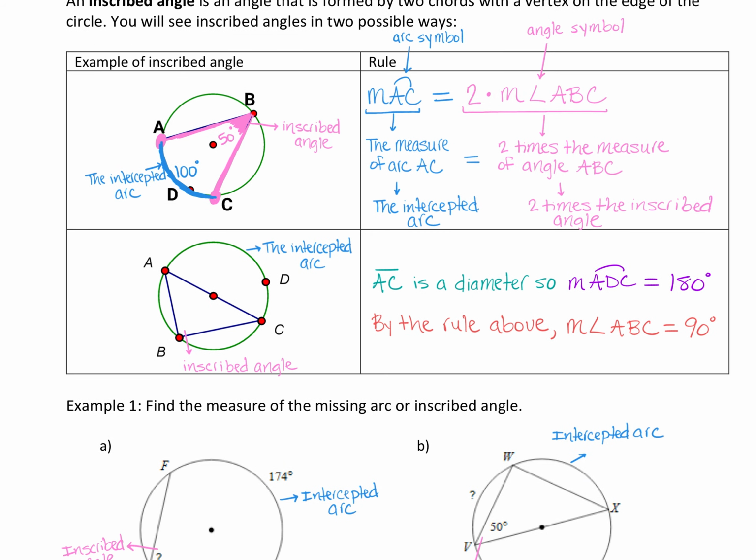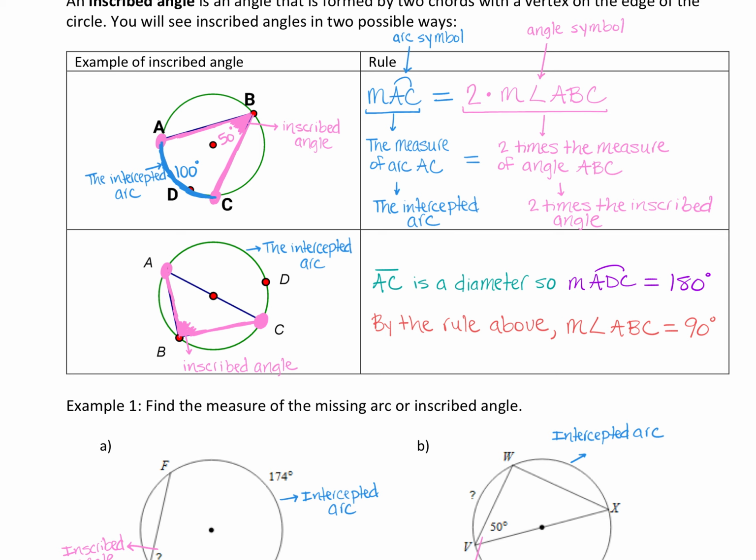And here, the inscribed angle is, again, the angle that's on the edge of our circle. So this right here is the angle, the inscribed angle. And then if we follow the angle across to the other edge of our circle, then we create these two endpoints right here.